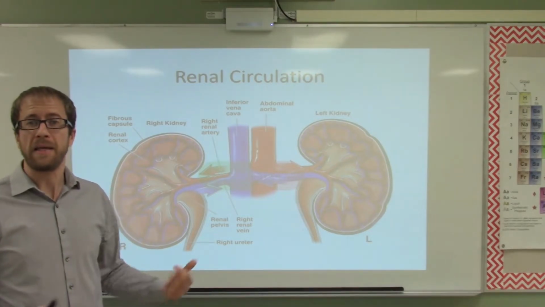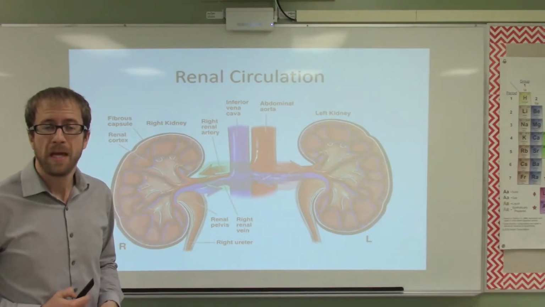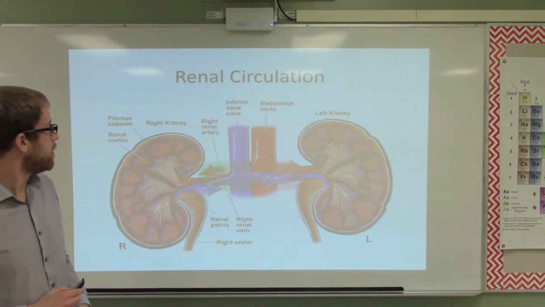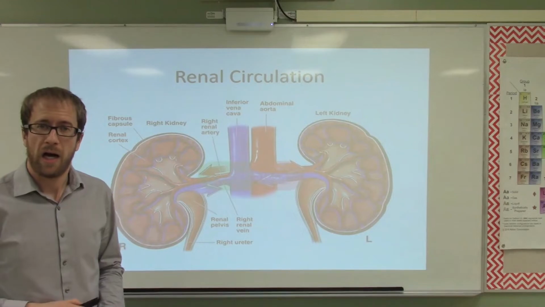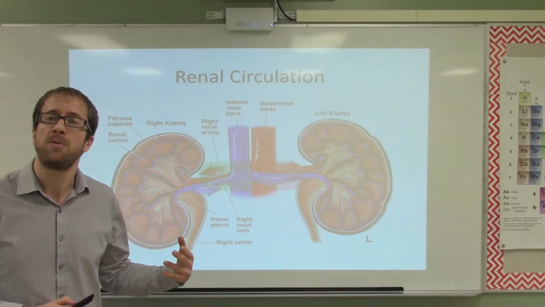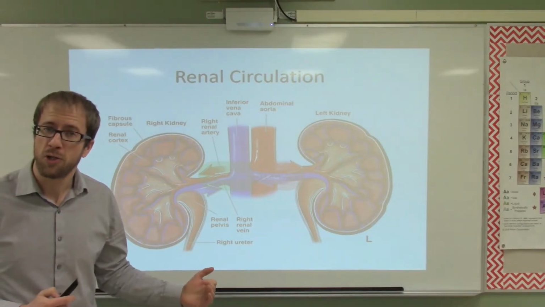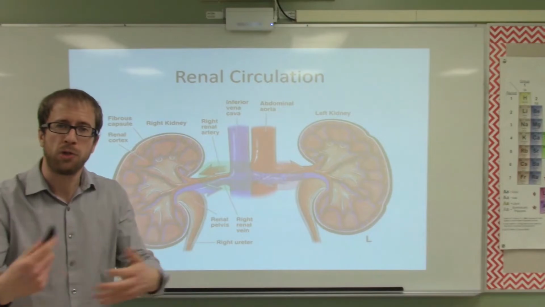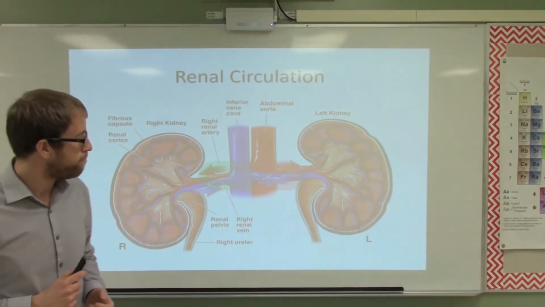You're going to pee some of that stuff out. So renal circulation is very, very important. When we get to the excretory system, we're going to talk quite a bit about the blood pressure in your renal artery and how that affects the amount of filtrate you are producing.